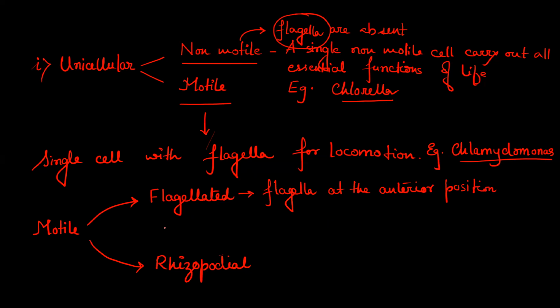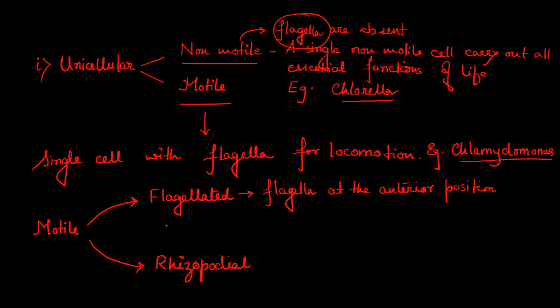Now let me give you some examples of unicellular motile algae. Euglena is a unicellular motile alga. Then you have Chlamydomonas, which I've already written. Then Cryptomonas. So try to remember some of these names for examples. All right.